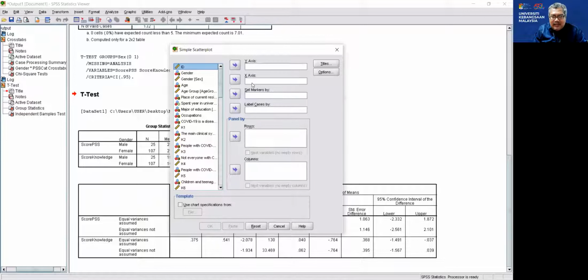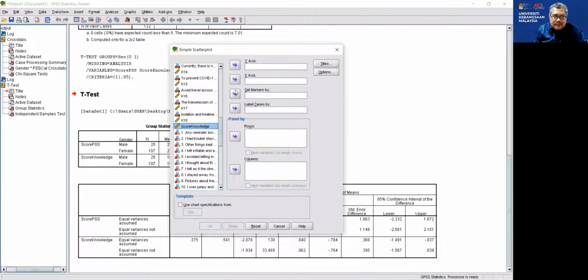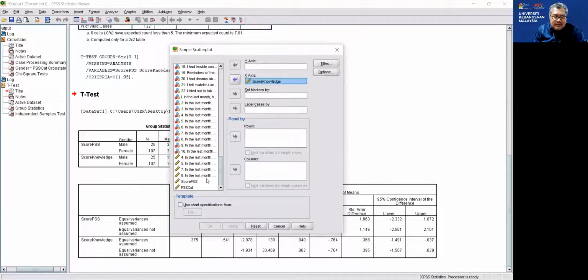For X and Y, X is the risk factor, Y is the outcome. Let's say knowledge is the risk factor, so we take the marks for the knowledge. Outcome is the stress, so we have the stress score. Click OK.